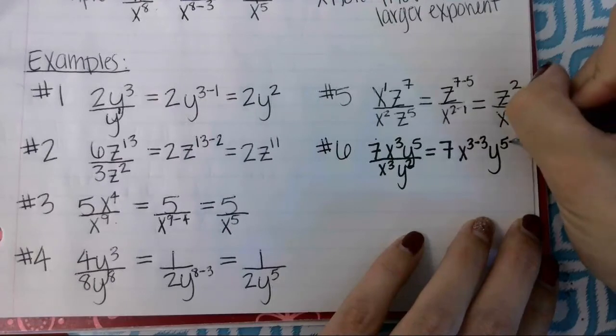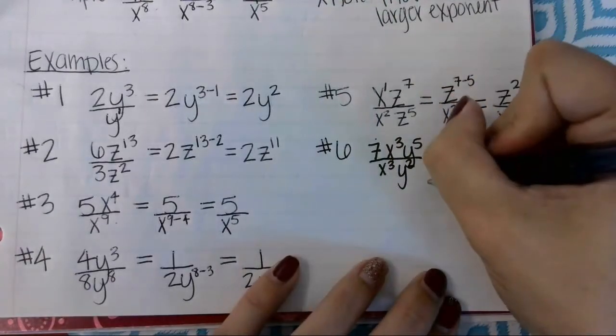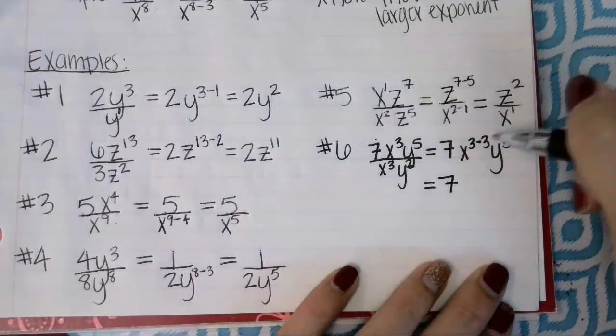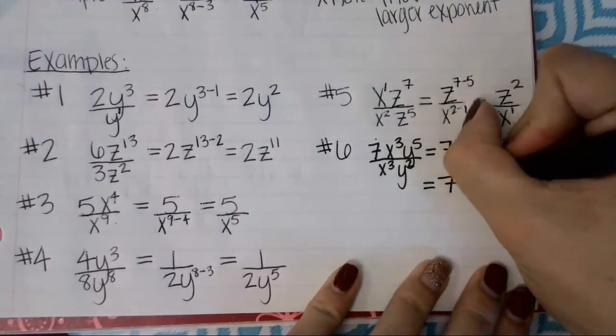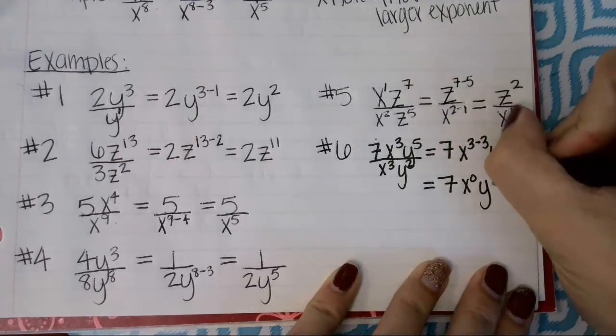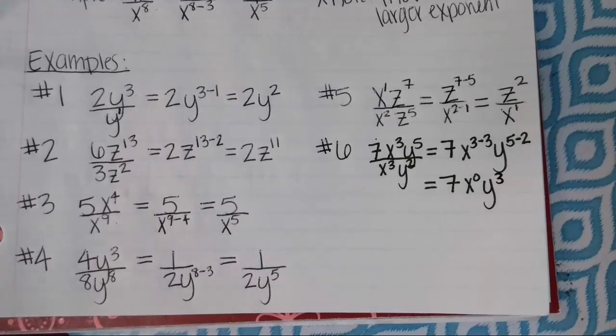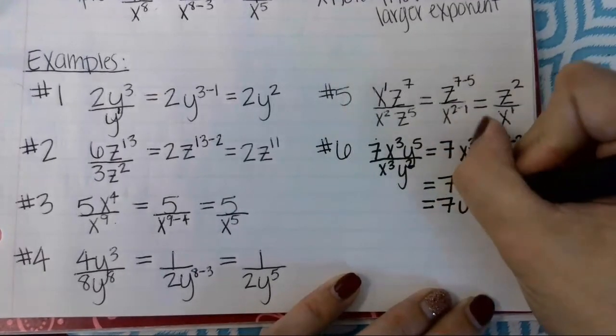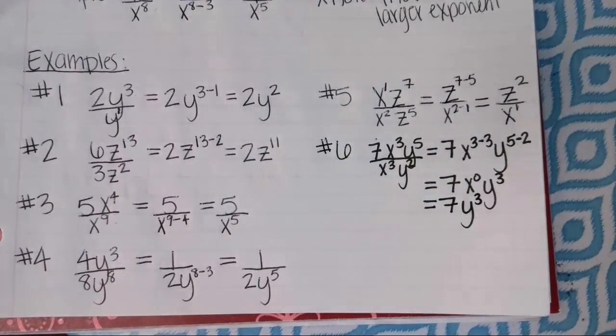So y to the 5 minus 2. When I subtract here, I get x to the 0 and then y to the 3rd. But x to the 0 we don't need. So my final answer is just 7 y to the 3rd.